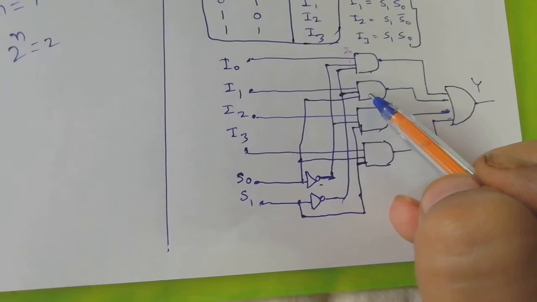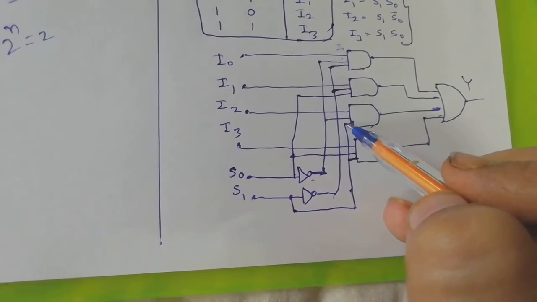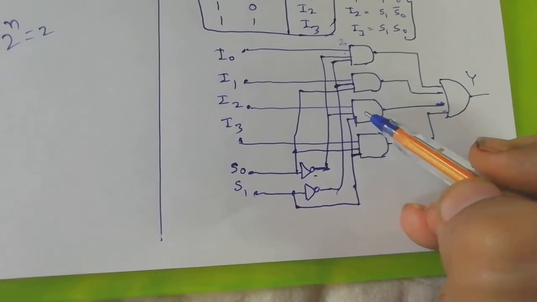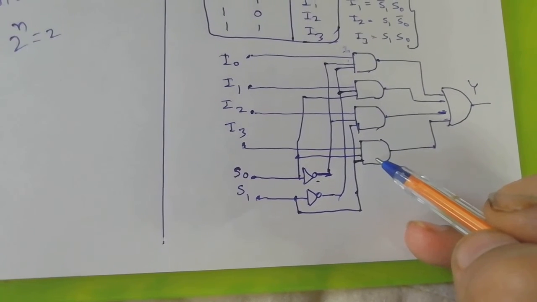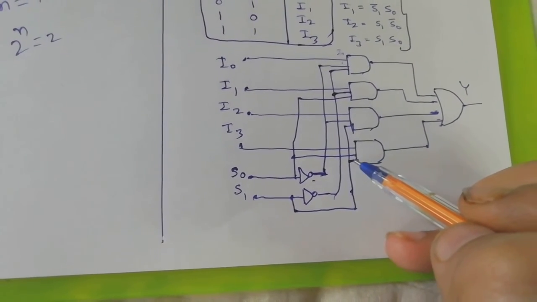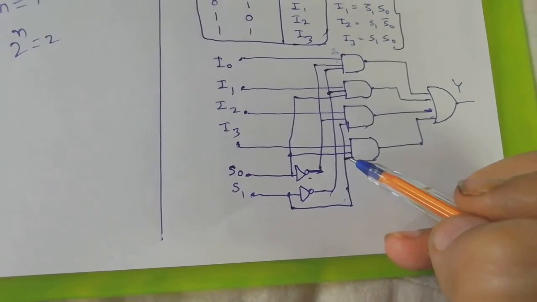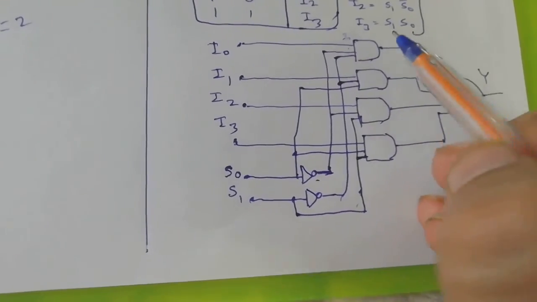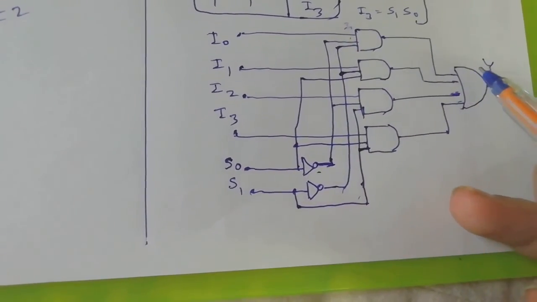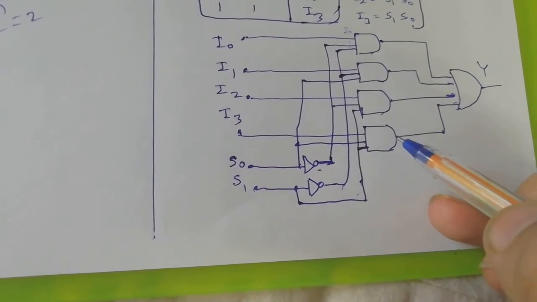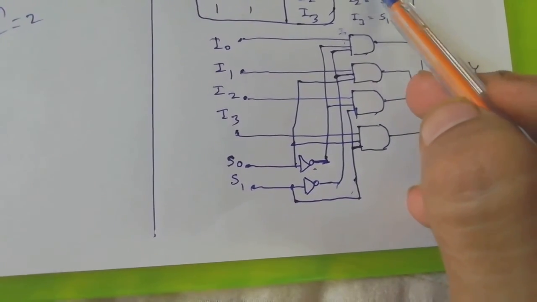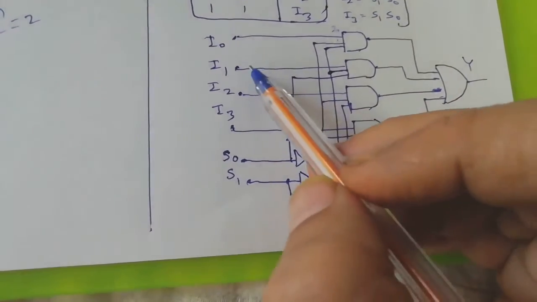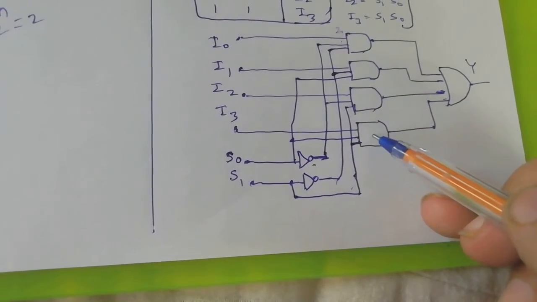So this gate will be disabled. And when we take this gate, this is 0 and this is also 0 in this case. So likewise, when I0 is being directed, these three gates will be disabled. Similarly, when I give the combination 0 and 1, I1 will be selected and the rest of the gates will be disabled.